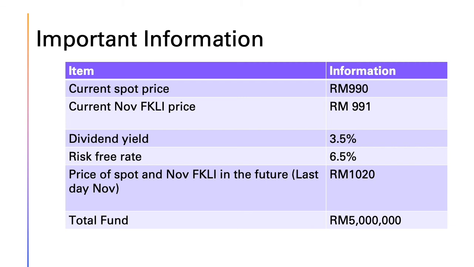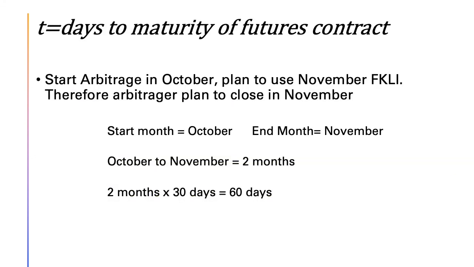Step number 1, you need to calculate the number of futures contract needs to be traded. The formula of number of futures contract for FKLI is equal to amount to hedge times percentage of hedge times beta divided by futures price today times size of contract. So amount to hedge is 5 million in this case, times percentage of hedge is not given in the question, so we assume 100%.